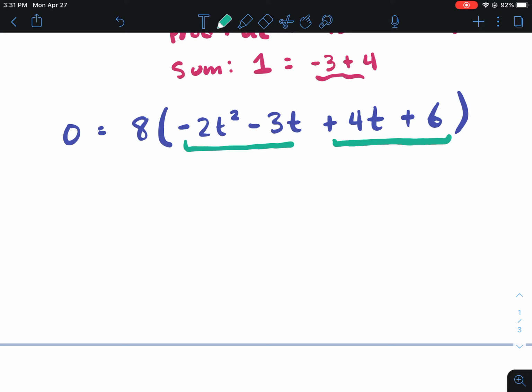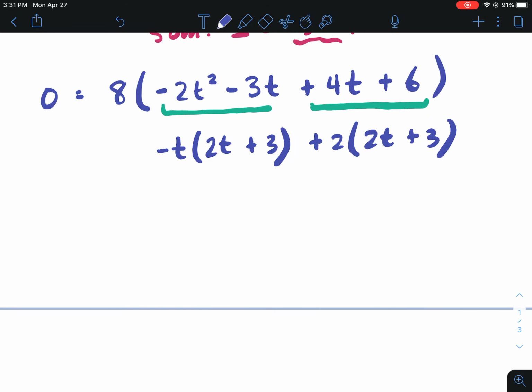I know that these are both negative and these are both positive, so I'm going to factor out a GCF here of negative t. I'm going to be left with a positive 2t plus 3. When I factor out my GCF here of 2, I'm also left with a 2t plus 3, which means that if I factor out the 2t plus 3, I'm left with a negative t plus 2.